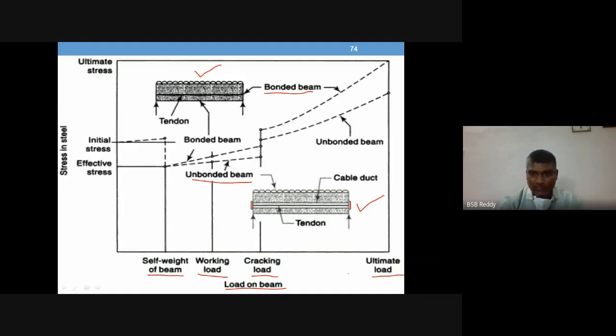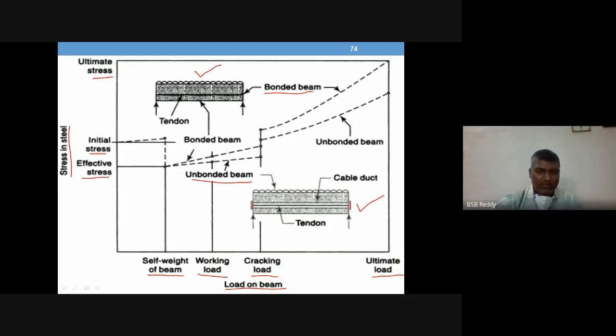So these are the stages that we are going to check for the behavior of the stresses in tendon. The y-axis is the stresses in tendons, so effective stress, initial stress and ultimate stress are taken up for discussion.